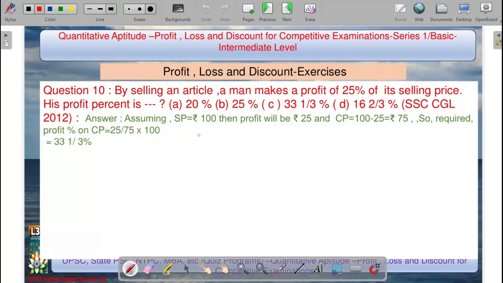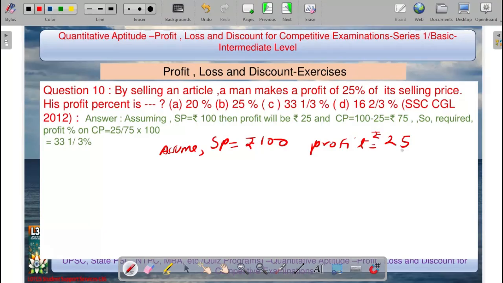Again, here we assume selling price is rupees 100. Then when he sells at 100, he makes a profit of 25%. So the profit he makes is rupees 25.